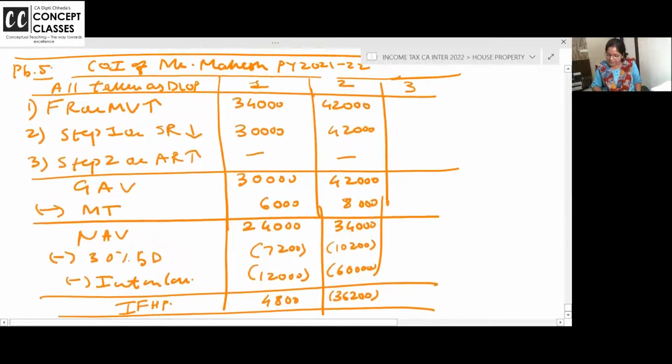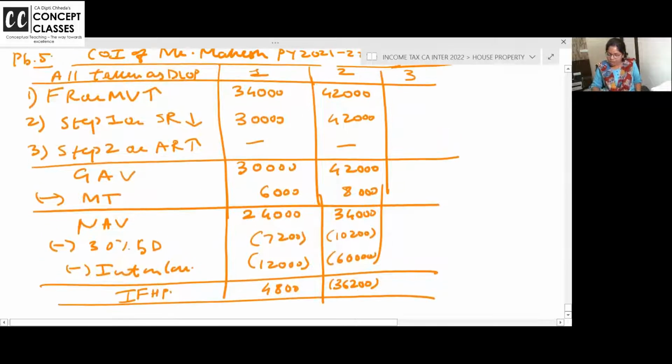Right. Now, fair rent or municipal value, 60 or 80, whichever is high. 80 or 72, whichever is low. So 72. 7,000 is the municipal taxes. 65,000 into 30%, 19,500.